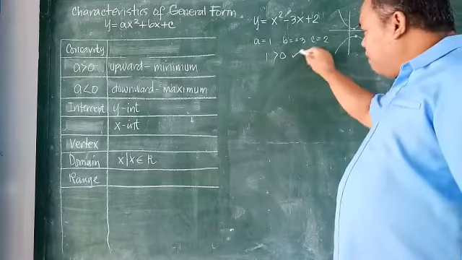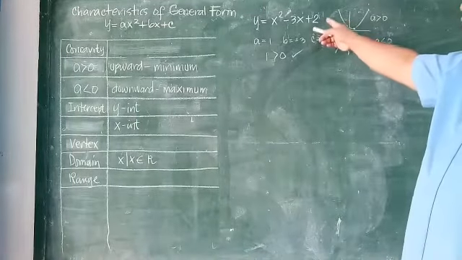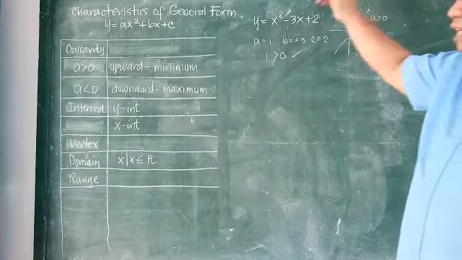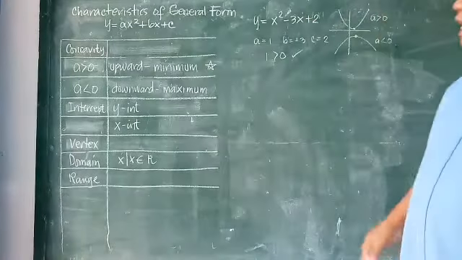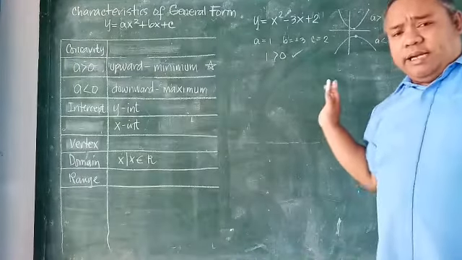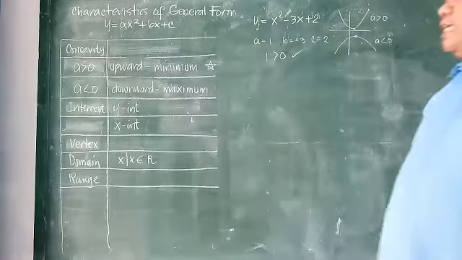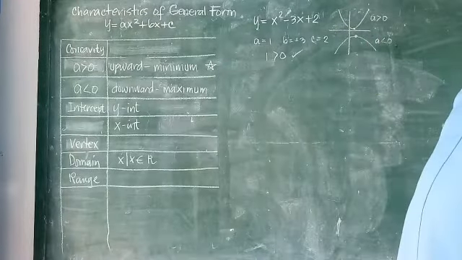Yes, of course, it's greater than 0. So therefore, this general form equation, if you talk about its concavity, falls under this condition, wherein its graph opens upward, and it is in the minimum state.